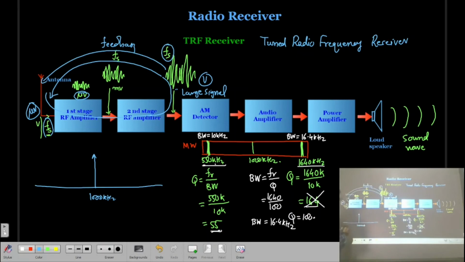It means here we have 995 kilohertz, and at this point we have 1005 kilohertz. Correct? So my resonance circuit, remember, the resonance curve will be like this.